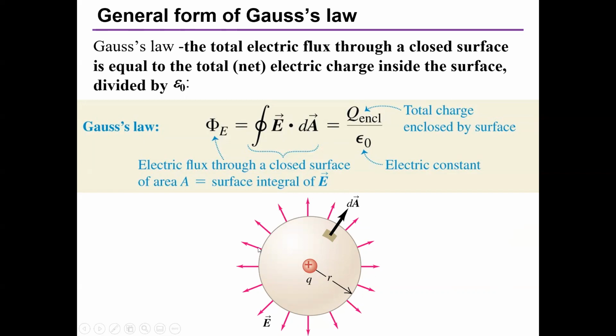In this case the surface is like a sphere, but it could be any enclosing shape. Okay, so this is Gauss's law.